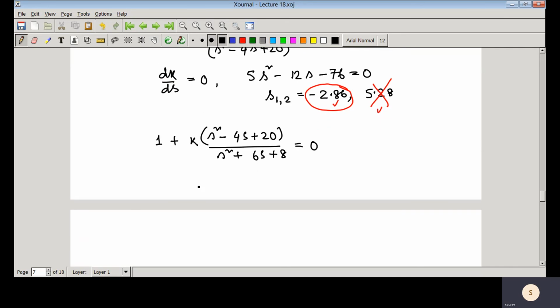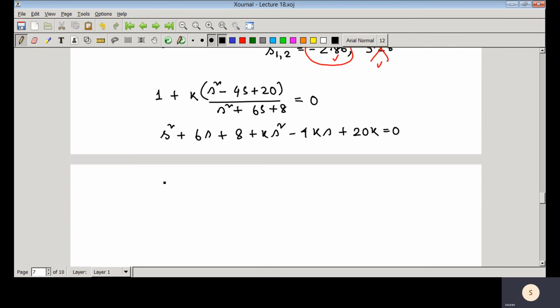So if you write that characteristic equation, you would have s square plus 6s plus 8 plus ks square minus 4ks plus 20k equal to 0. So now if you take that s square and this term, that is s square times k plus 1, then 6 minus 4k times s plus 8 plus 20k equal to 0.